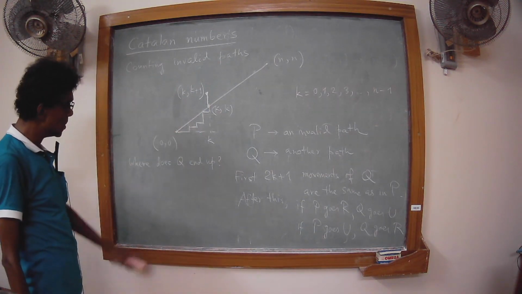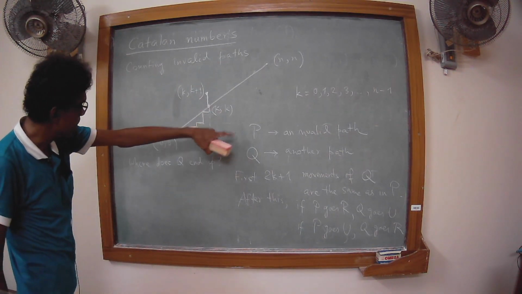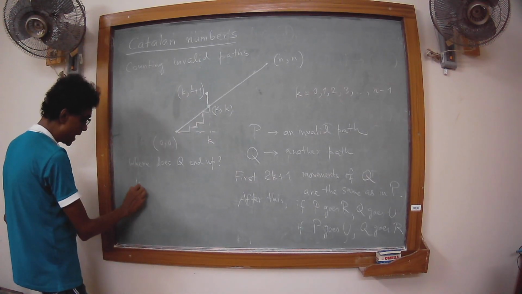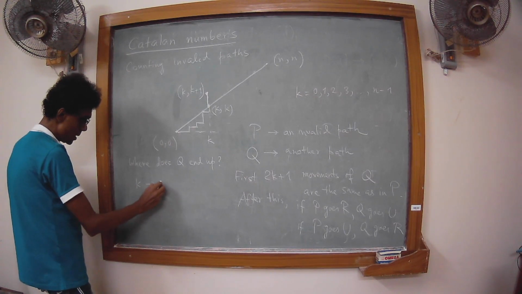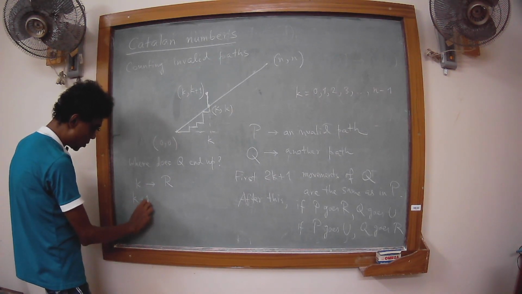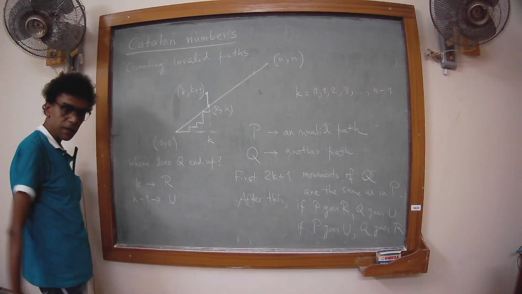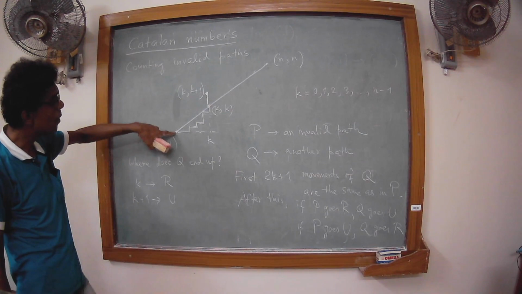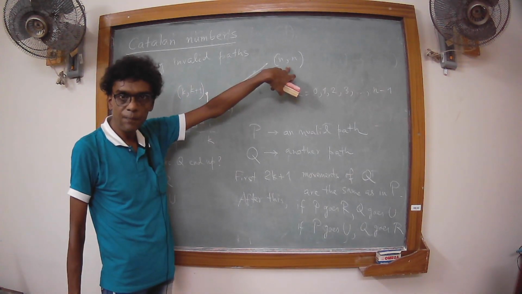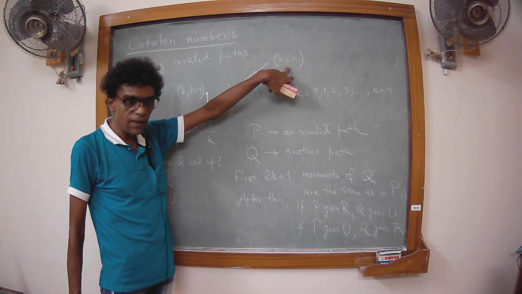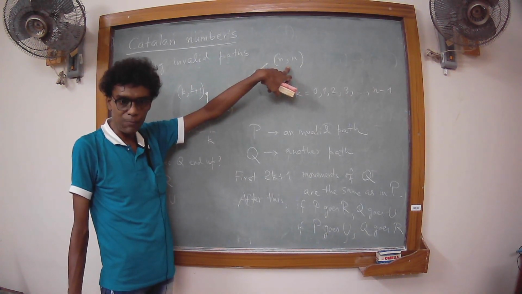Okay. So now let us look at P. Up to this point, it has made K right movements and K plus 1 upward movements. But since P is a path from 0, 0 to n, n, it will have to make eventually n right movements and n up movements.